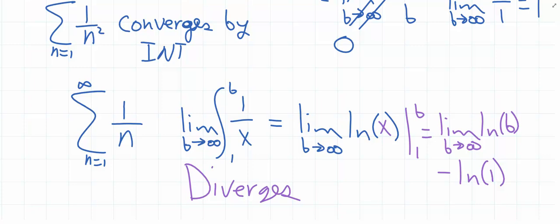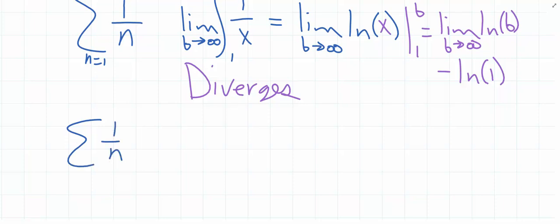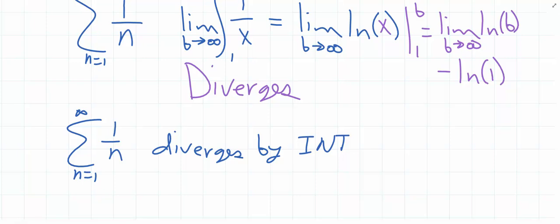Okay? And since it diverges, we know the series diverges. So we say 1 over n as n goes from 1 to infinity diverges by the integral test. We use that notation. Okay? So you can see what we're going to have to do is we're going to have to integrate.